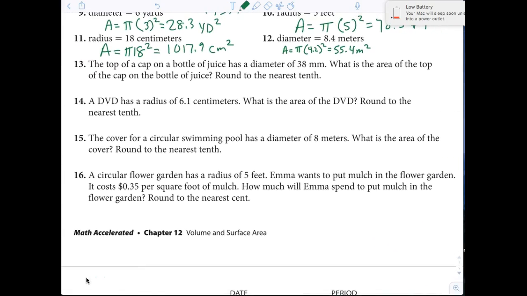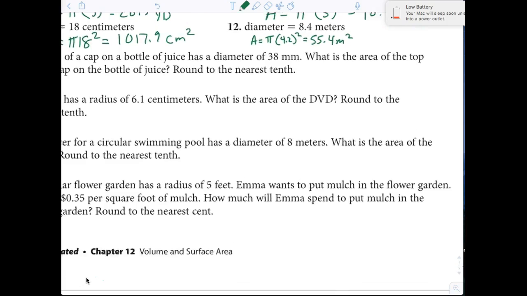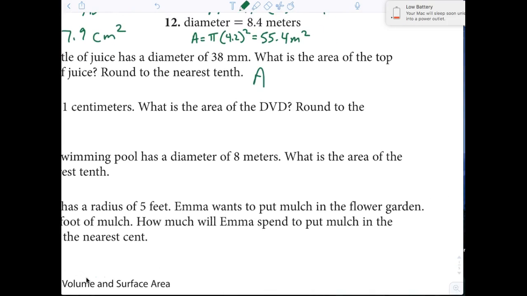The cap of a bottle of juice has a diameter of 38. What's the area? Good. And what's the radius? 19. Thank you.